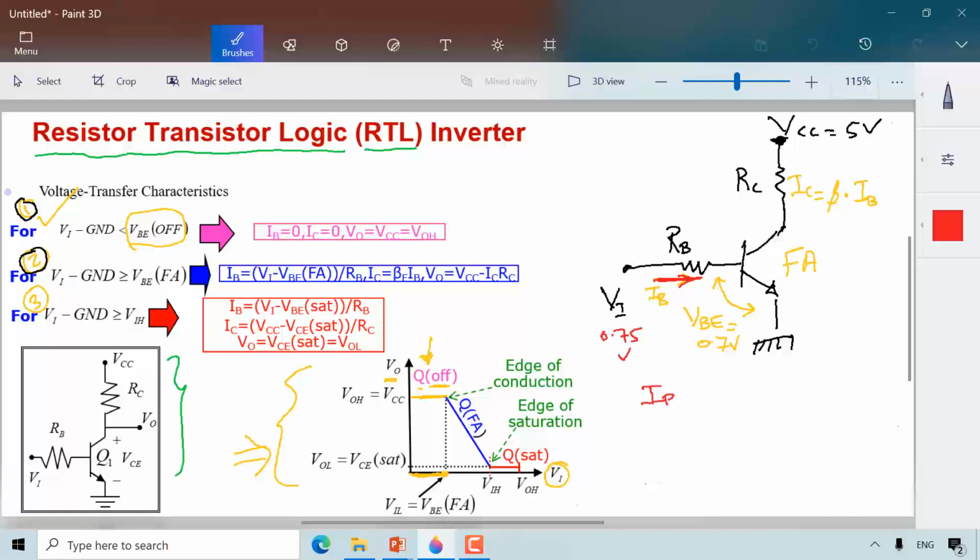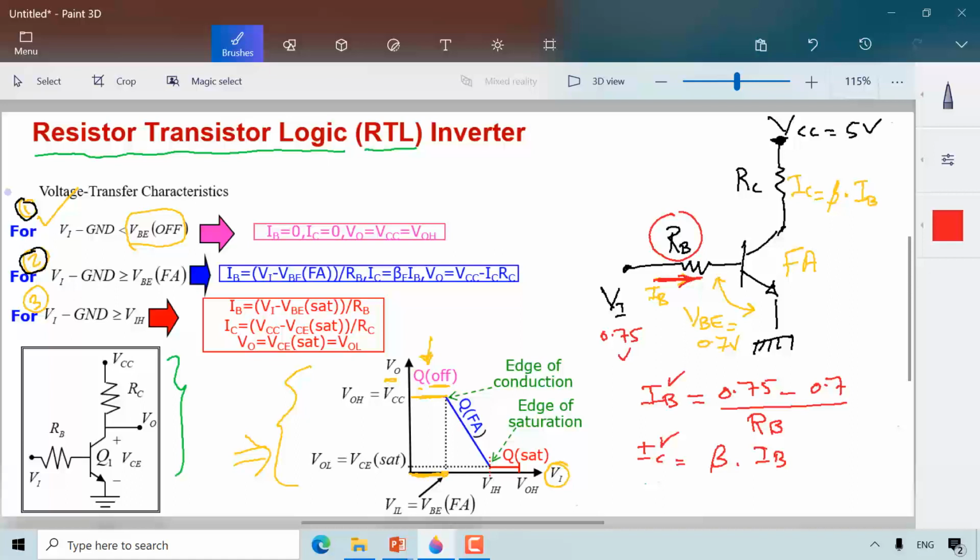The value of IB equals 0.75 volt, which is the voltage at the input, minus 0.7, which is the VBE, and we divide that differential voltage by the value of the resistance RB. The differential voltage across the resistance divided by the resistance gives me the current. And I know that IC equals beta times IB. So here I found IB, and here I found IC.